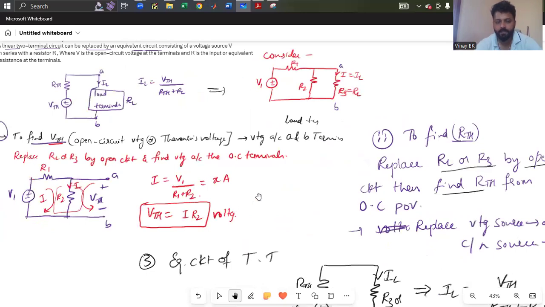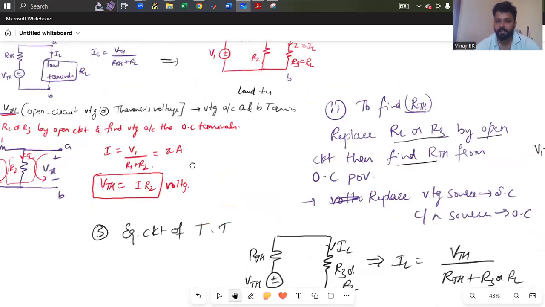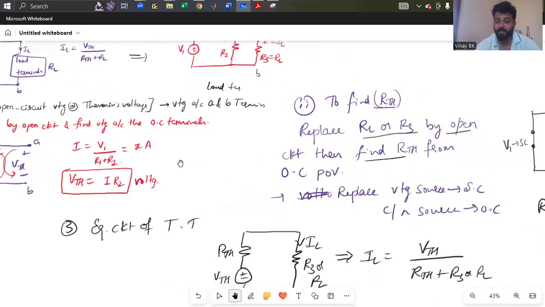You can observe here. As per Thevenin's theorem, you need to replace any circuit by a voltage source VTH in series with RTH, that is the Thevenin equivalent resistor, across the load. To find the value of VTH, replace the load by open circuit and find the voltage across the open circuit terminals. Then to find RTH, if there is any voltage source, replace that by short circuit.